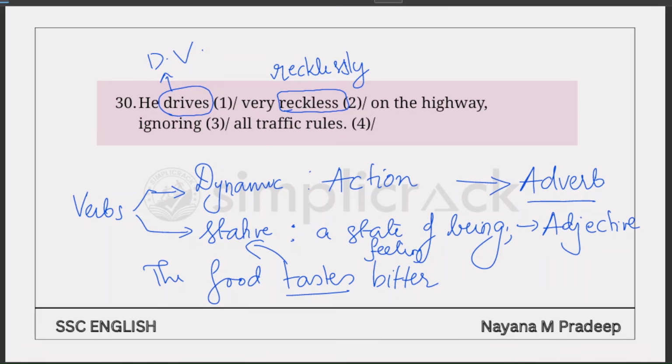Therefore, we have used an adjective, bitter, along with it. It is not bitterly, it is bitter. The flower smells sweetly is wrong, because sweetly is an adverb, but smell is a stative verb. Along with a stative verb, we only use an adjective. So the food tastes bitter. But here it is, he drives very recklessly, because drive is a dynamic verb. Okay.